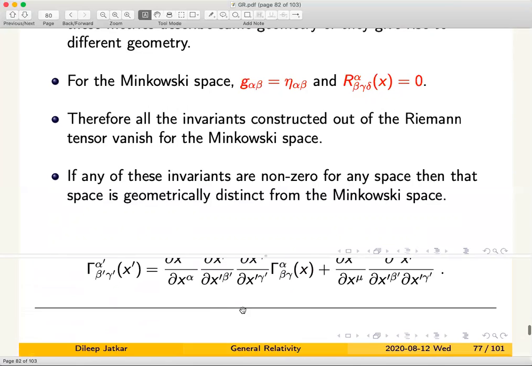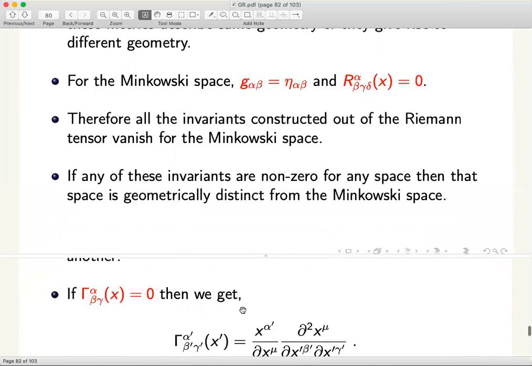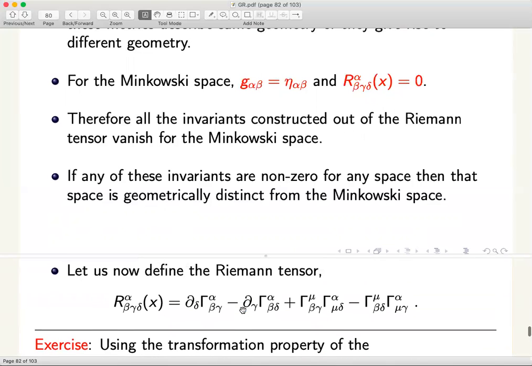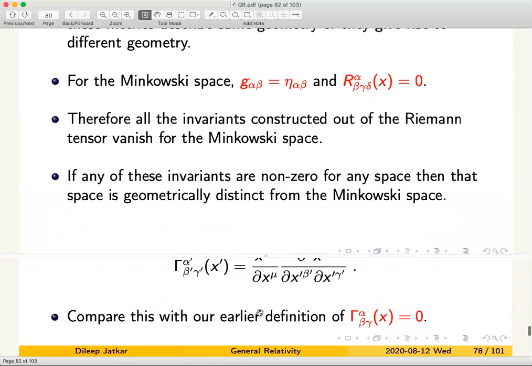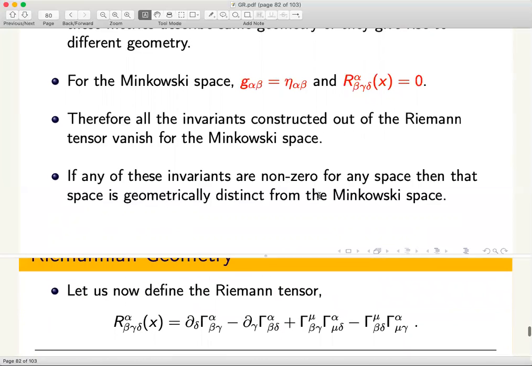Once that is 0, then your Riemann tensor also would vanish, simply because the Riemann tensor is gamma and its derivative. So if the Riemann tensor is 0, then all invariants that you would construct for Minkowski space would vanish.